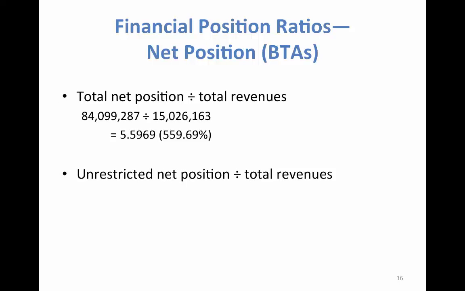Now we can look at unrestricted net position for them. And so looking solely at the resources that are completely unspoken for and that aren't invested in capital assets, that's a much smaller number as you would expect it to be.